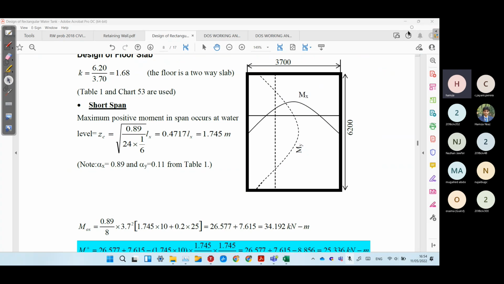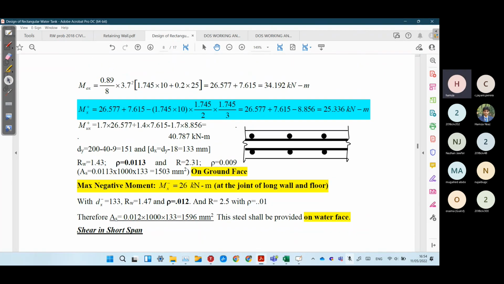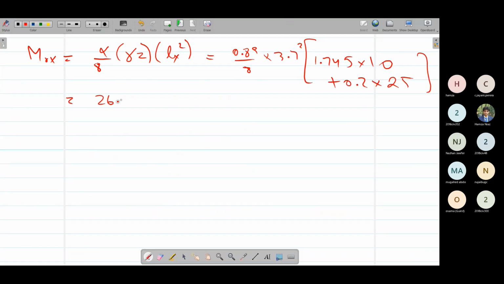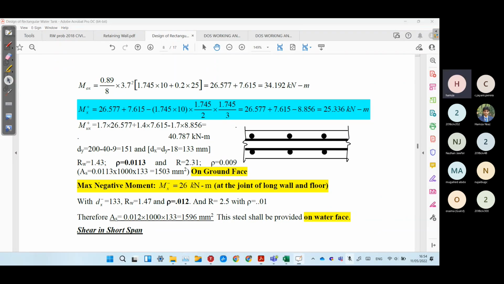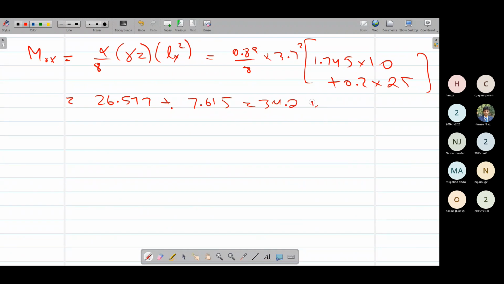This way we can calculate the simple span moments. So it is 26.577 plus 10.615. That is equal to 34.2. So this is how we can calculate the simple span moment.